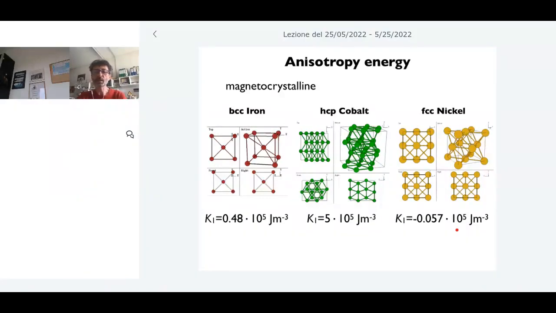So in comparison with the other quite common elemental ferromagnets, it is the one that has the most important anisotropy. Then you may imagine alloying and adding other elements. The anisotropy constant is a value that changes very much, and it has been the subject of enormous investigation in order to develop materials with very strong or very small anisotropy.